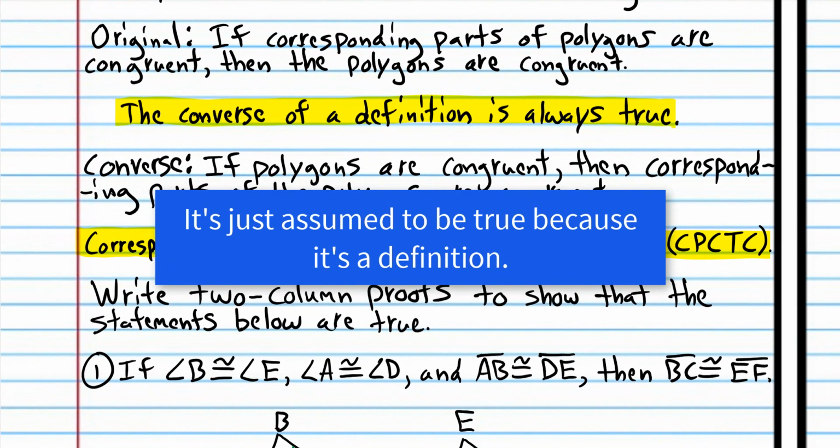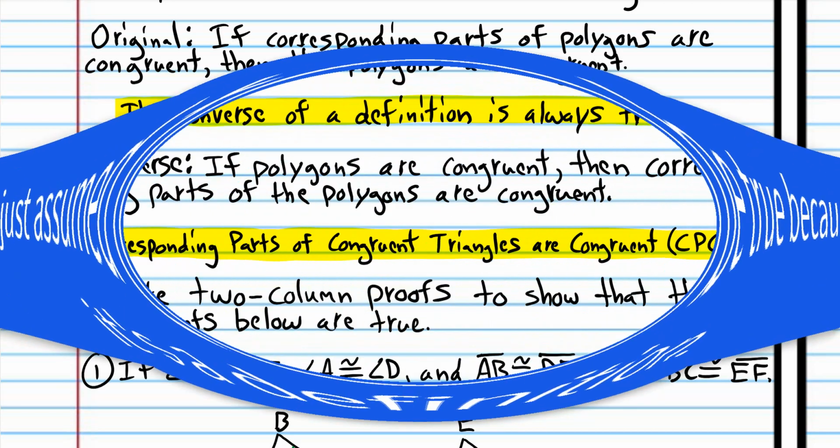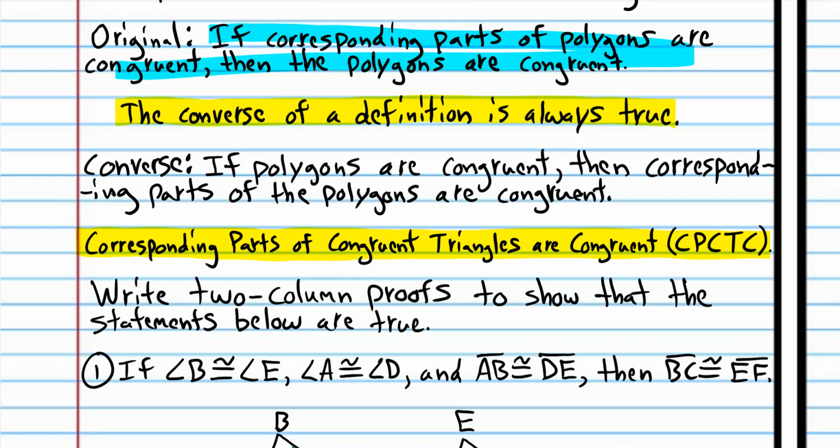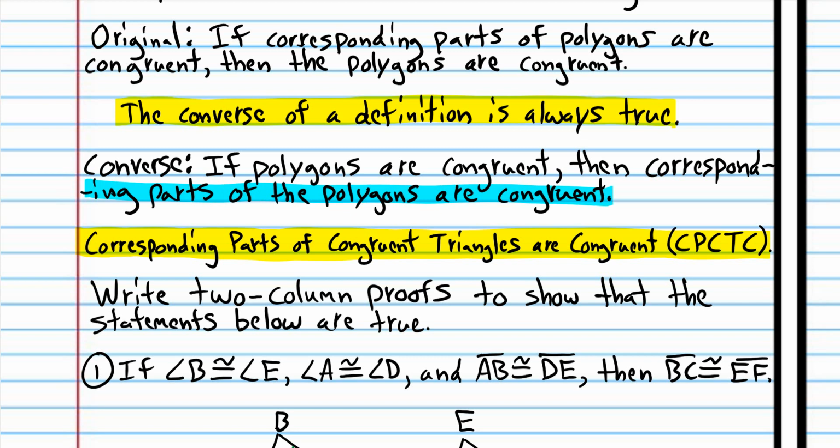So again, if we state the definition of congruent polygons in if-then form, we can then reverse it and say if we've shown that polygons are congruent, then that proves that corresponding parts are congruent. That's just the converse of a definition.